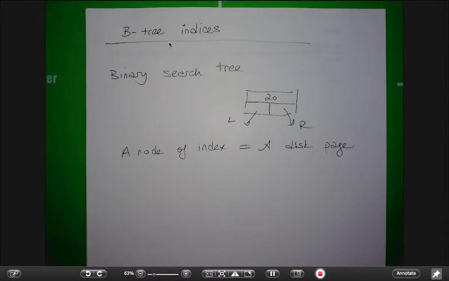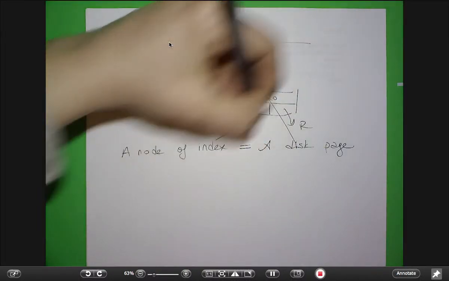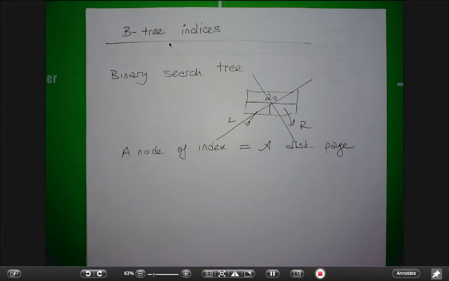So when I read a disk page, I want to get as much information as possible. Storing a binary search tree node in a disk page would not be very useful because it's a very small amount of data, 2 pointers and 1 value, right? So this is not a lot. Believe it or not, lots and lots of people tried very hard to take a binary search tree and pack it into nodes, but that turns out to be a very difficult thing in itself.